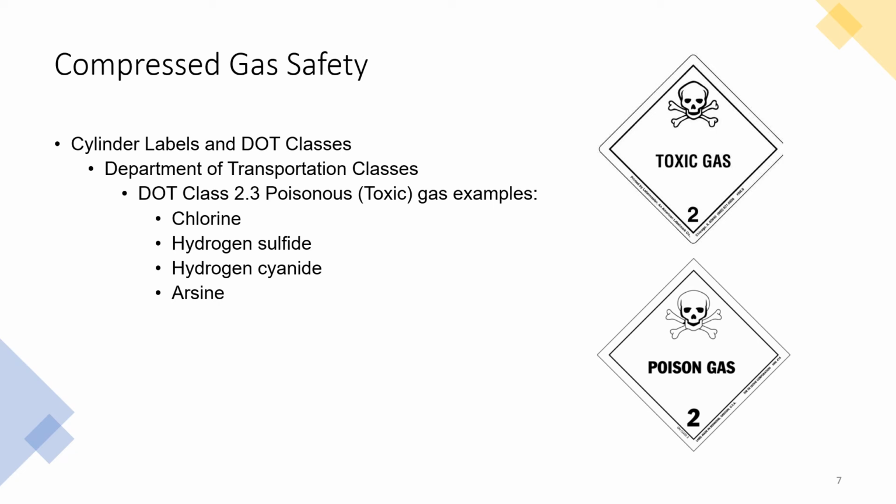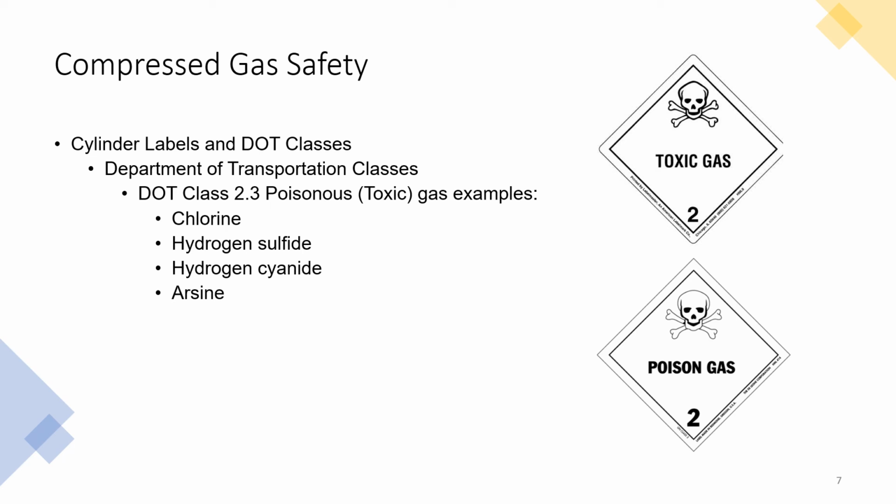What we have are going to be the poisons. And here you will see where it's going to be a white label. It's a class 2. The skull and crossbones are, of course, a standard out there, but you will sometimes see where it says toxic gas, and other times it will say poison gas. And when we look at the common examples out there, arsine, chlorine, hydrogen sulfide, hydrogen cyanide, these are gases that are already used in industry out there.